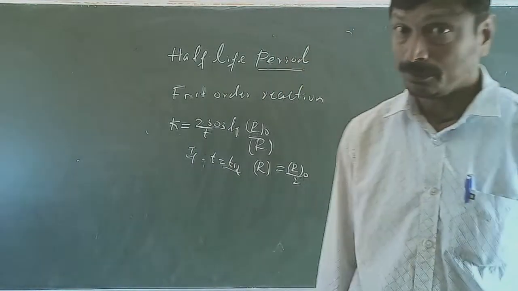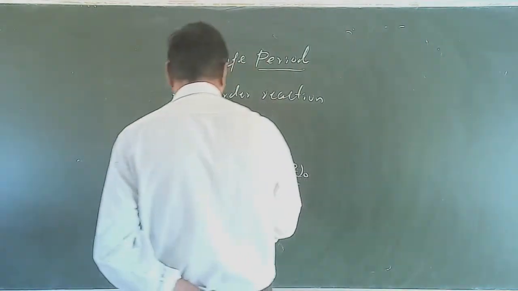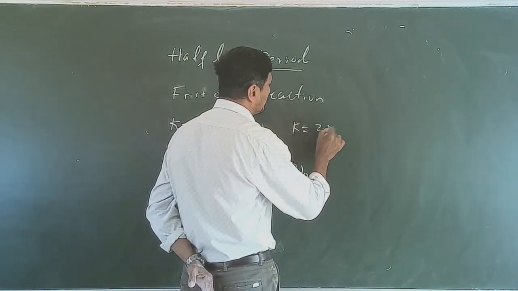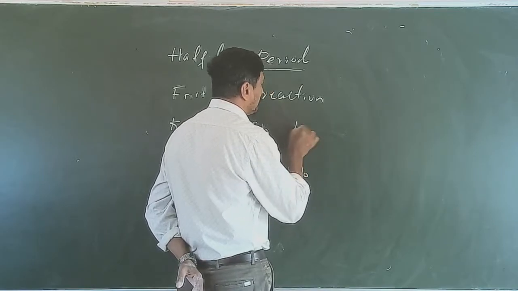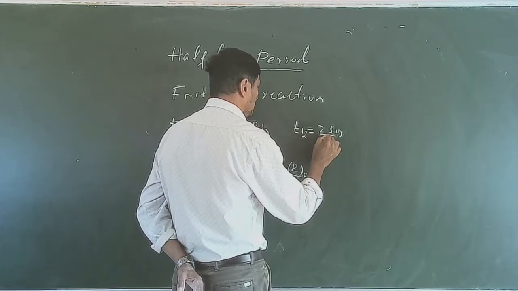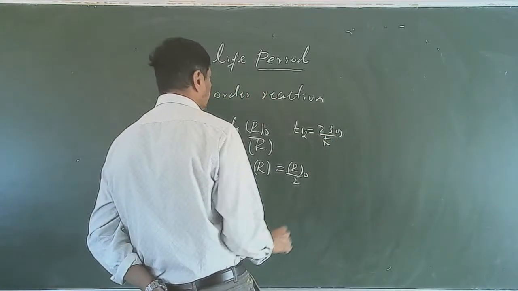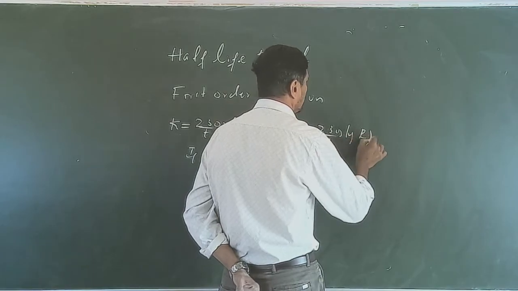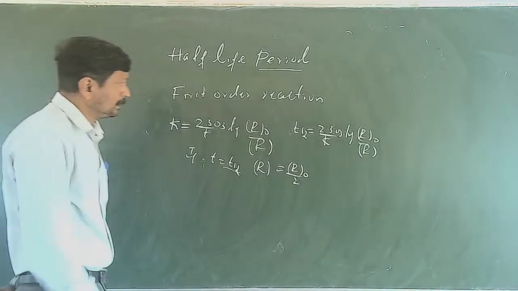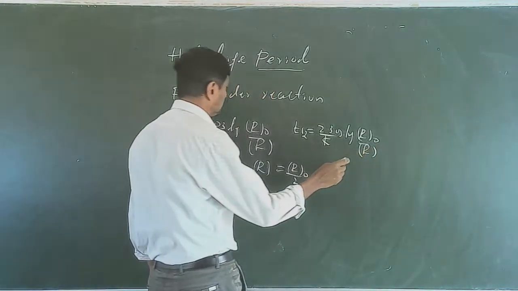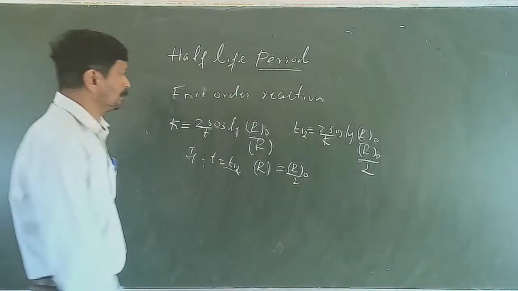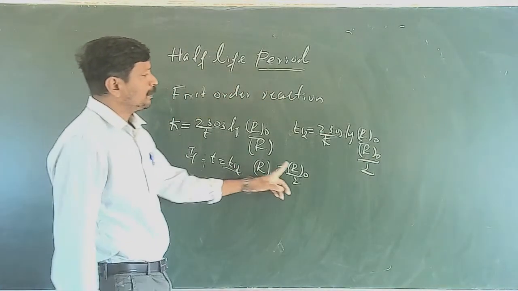So if you know this, you can solve this reaction. Apply this value. K is equal to 2.303 by T, or you can write T half is equal to 2.303 by K log of R naught by R. So log of R naught by R by 2, because R is equal to R naught by 2.